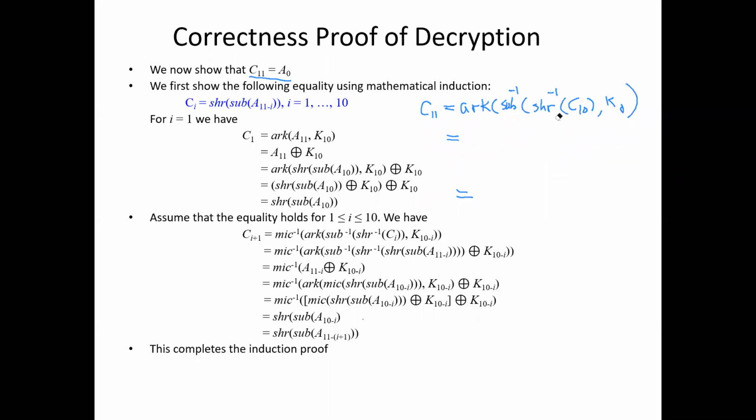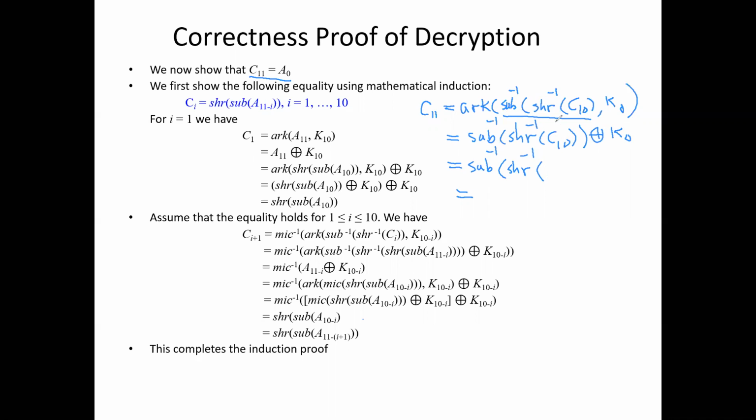I'm going to say these are add round keys. So we're going to put this in first. So this is a sub C10, add round keys.